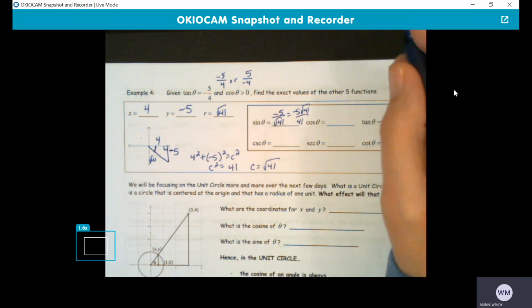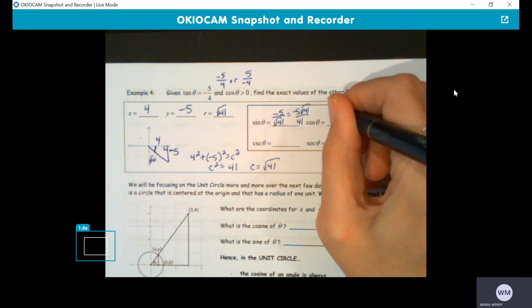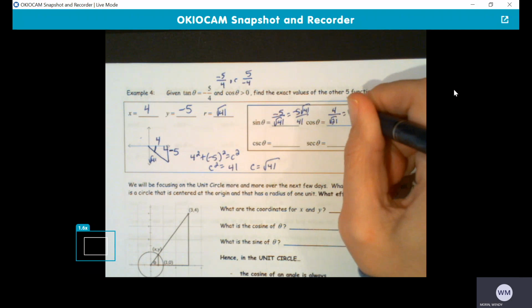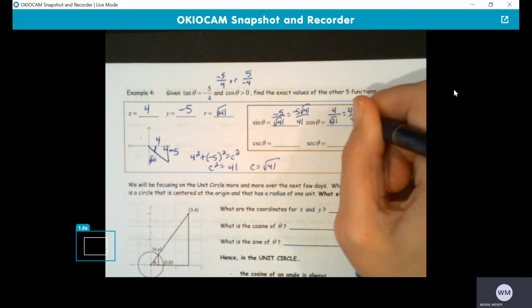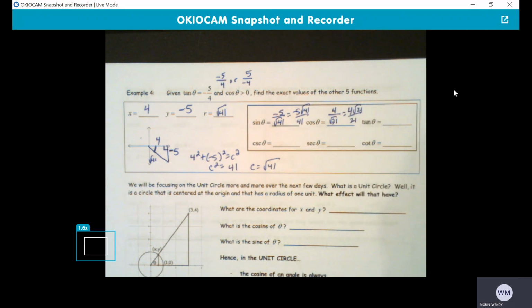For cosine, that is adjacent, or x, over r, which is 4 square roots of 41 over 41. Tangent, opposite over adjacent, or y over x.